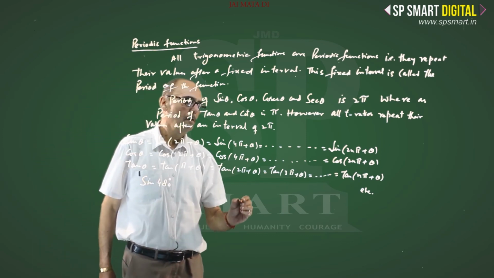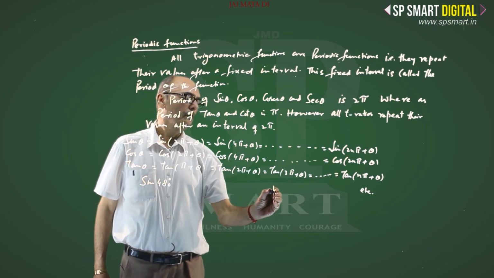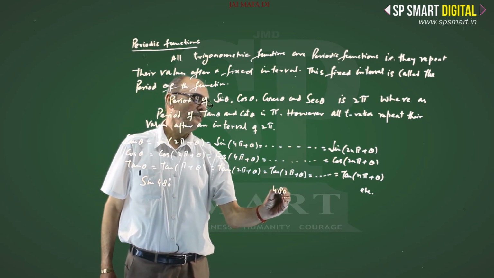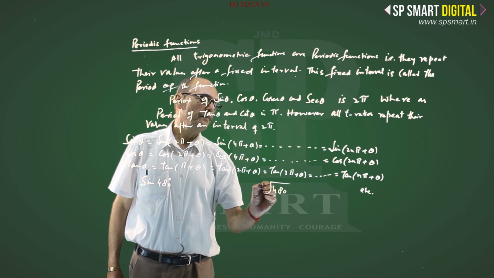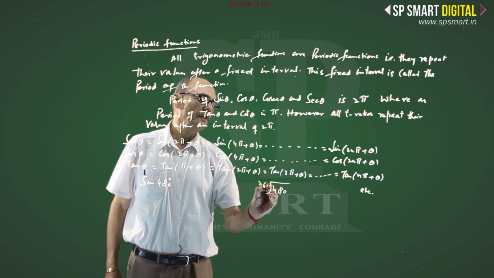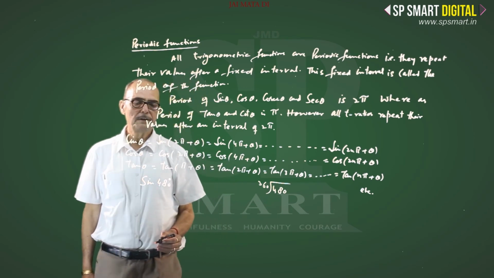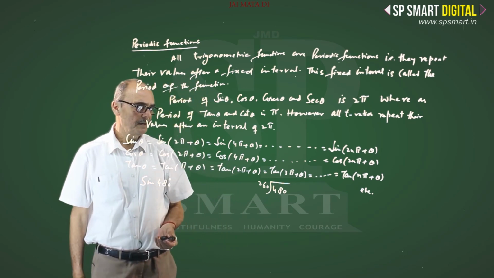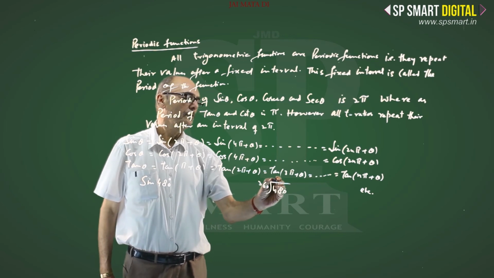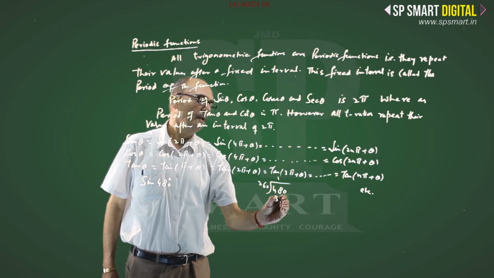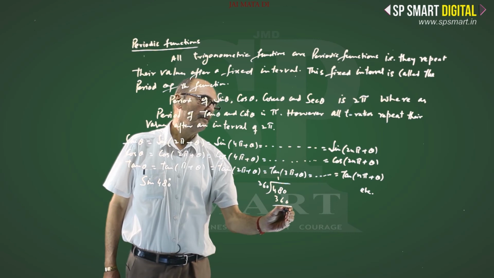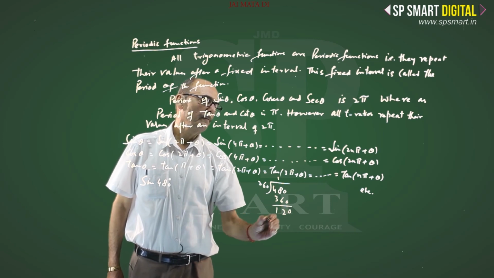So, in this case we have 480 degrees to be divided by 360, because all trigonometric ratios repeat after an interval of 2 pi. So, this is 3, 6, 0, 0, 2 and 1.